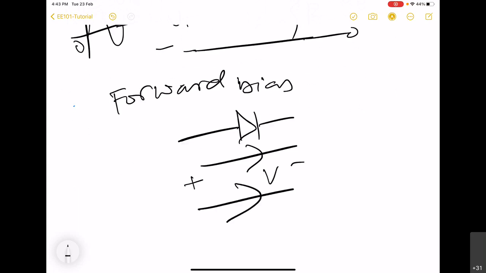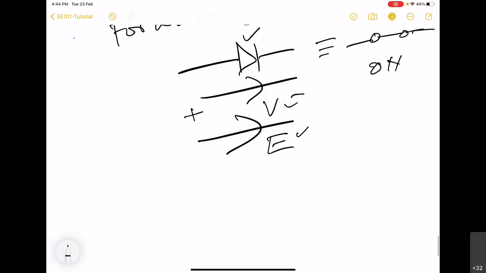Or you can say, if you look from the electric field point of view, the direction of the electric field is like this. So if the direction of voltage or electric field matches the direction of the diode, then the ideal diode will be on, and we will substitute the diode by a closed switch.